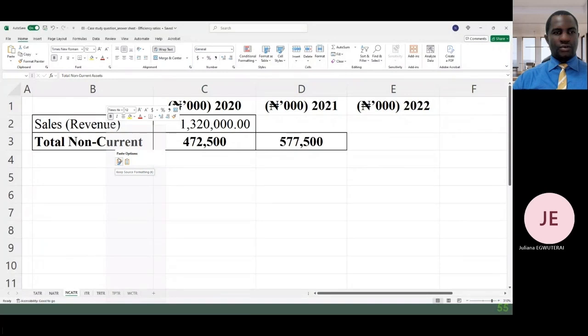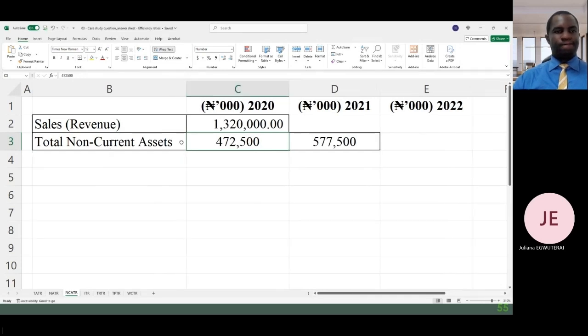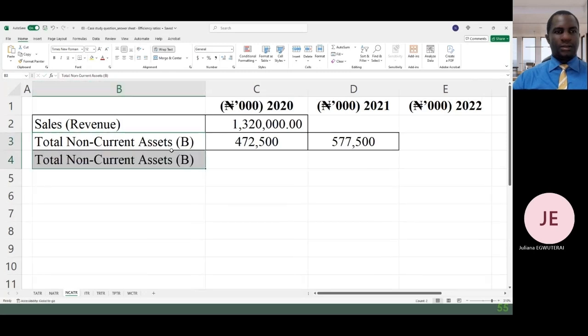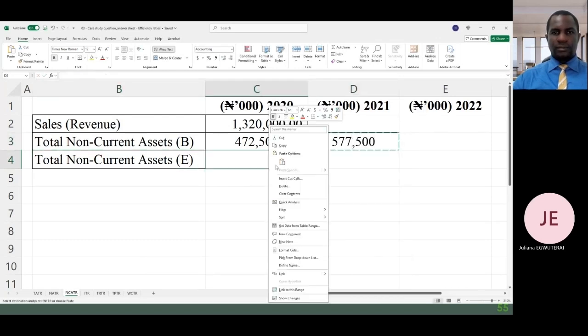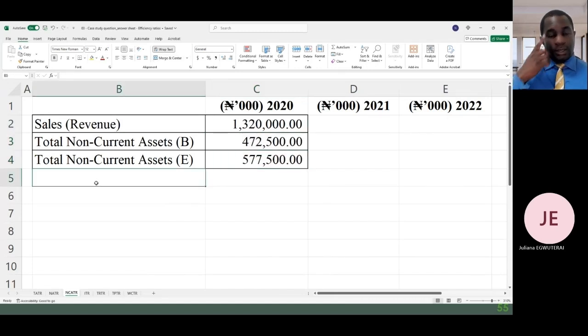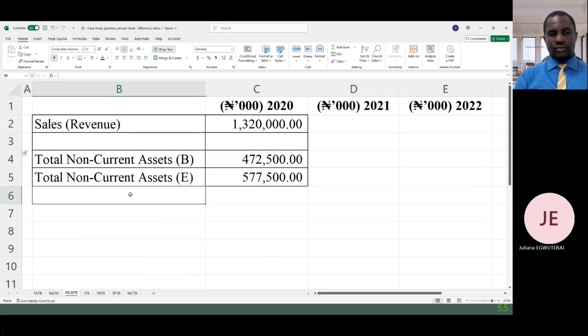I now have my non-current assets for the beginning and the end. Let me change the beginning and end. All right, so let me get the average of the two.